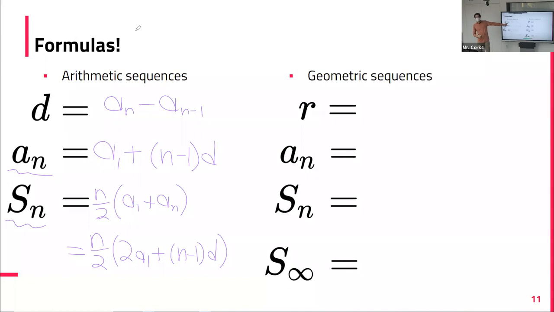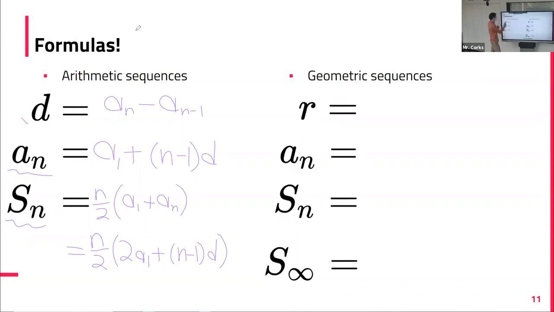So any term, subtract the previous term will give us the difference between the two terms, because a n minus 1 plus d gives us a n, right? So that's just from the definition of what the common difference is. I don't know that we really need to memorize a separate formula, but we should understand that that's true.